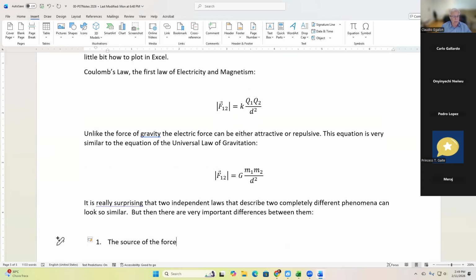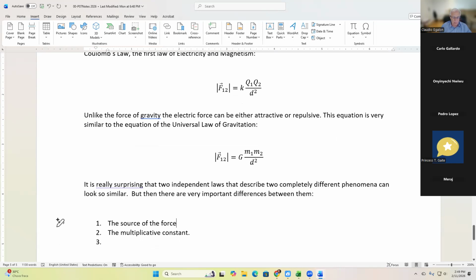And I'm going to put that in a table format. The multiplicative constant. Attractive and repulsive forces. One is just attractive, the other one is just repulsive. So those are the three main differences.